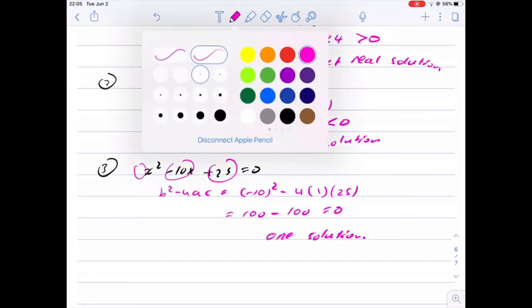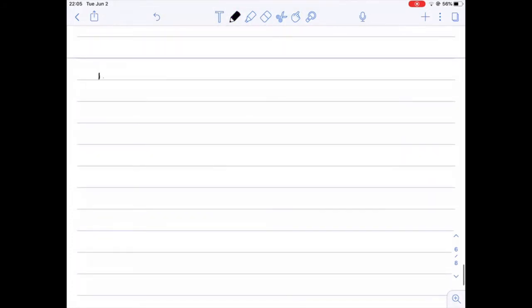Now the second part of this lecture is section 1.5. In 1.5 we are talking about modeling with quadratic equations. So let's take an example.